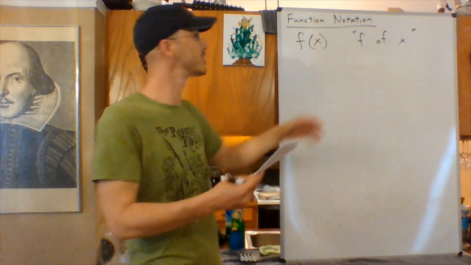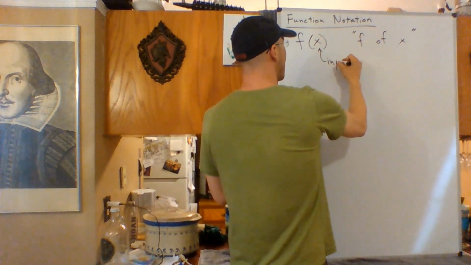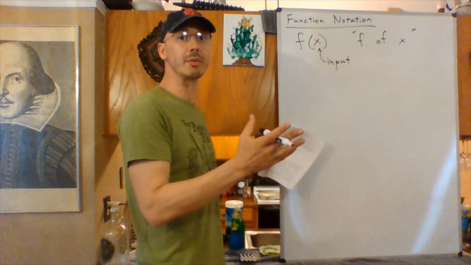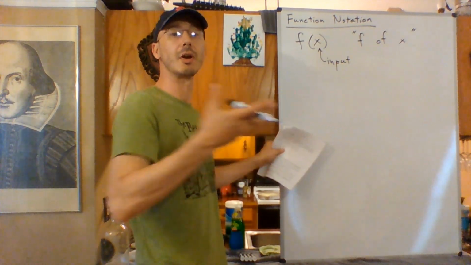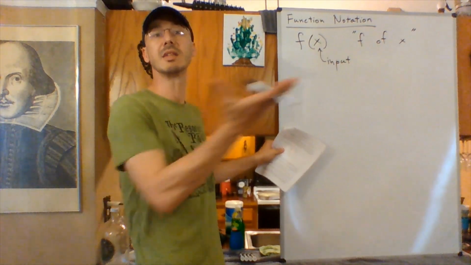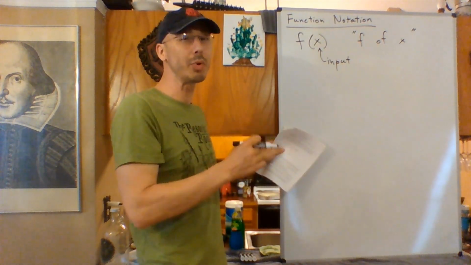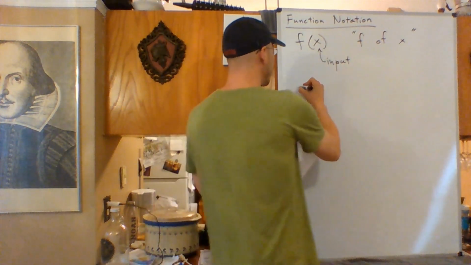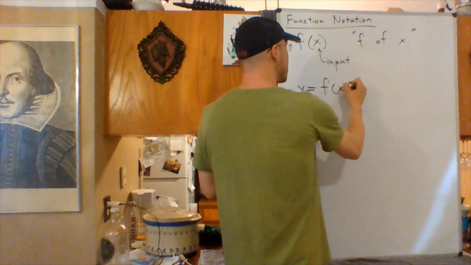X is the input. And it comes from the domain, remember? Input values for a function are in the domain. The domain is the set of all the input values. Well, the output, you could call it f, but we're going to use another variable. y equals f of x.